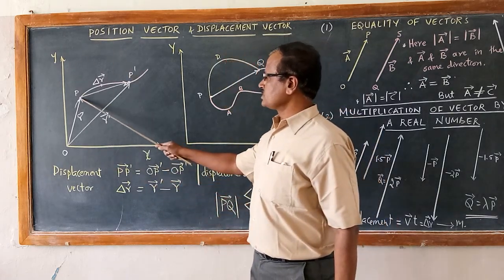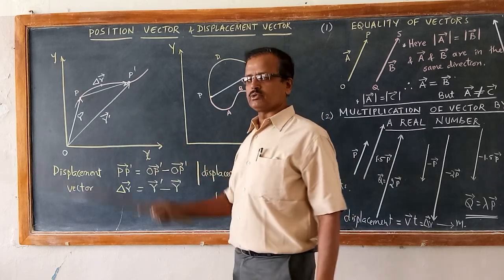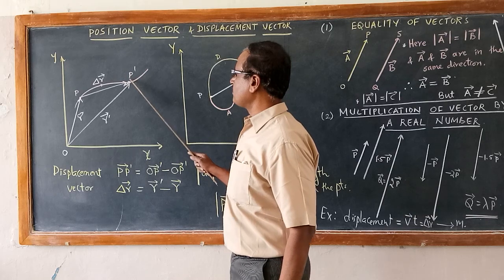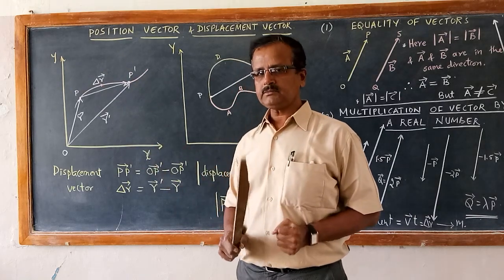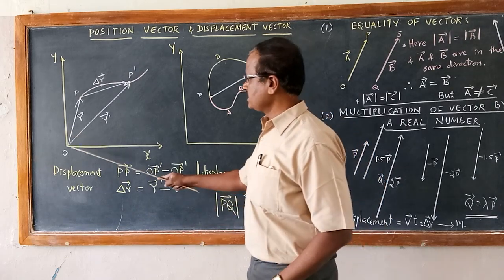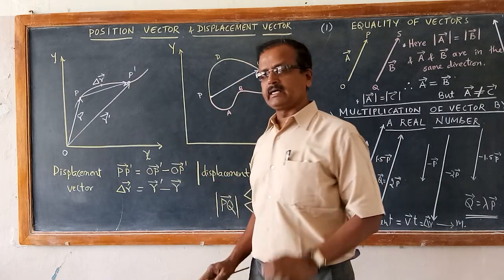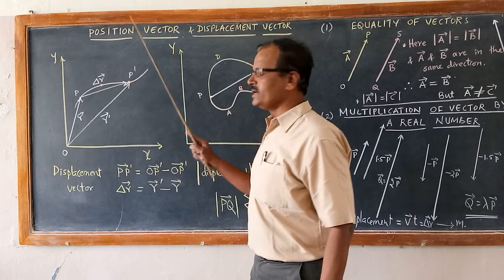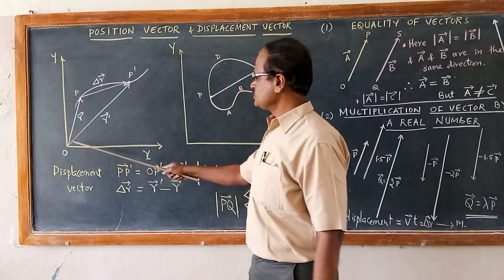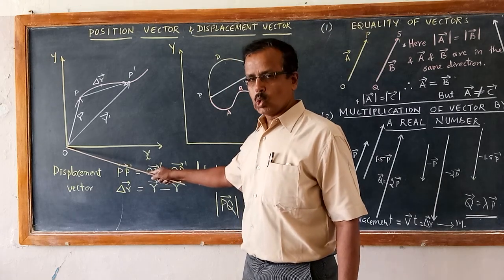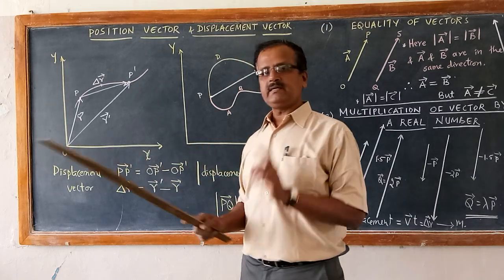Now this is the position vector at time t equal to 0. After some time interval, the particle reaches point P dash. Now if you measure the position of the particle at time t, this becomes OP dash. You see, it has its tail at O and tip at P dash.